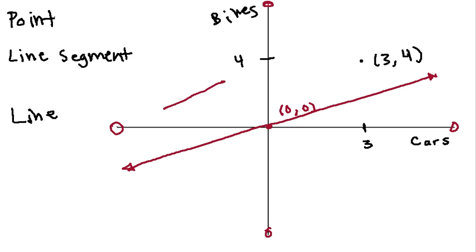I'd like to mention one more thing about the axes. Because cars are being measured on this axis, we call this axis the cars axis, and because bikes are being measured on this axis, we call the axis the bikes axis. However, this axis may also often be called the y-axis, and this axis may also often be called the x-axis.